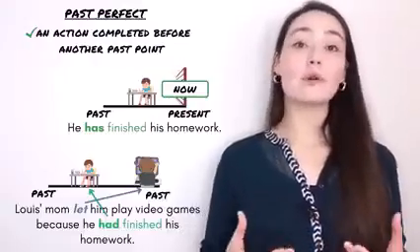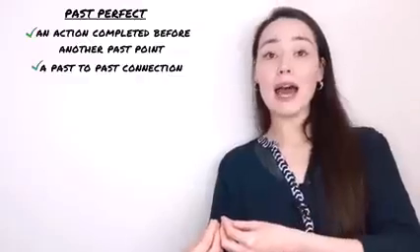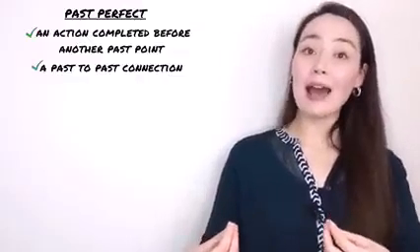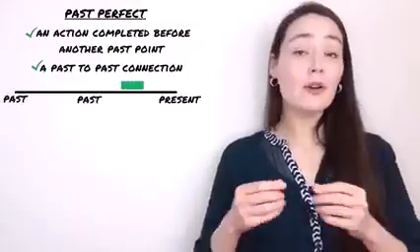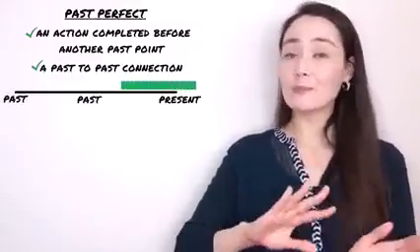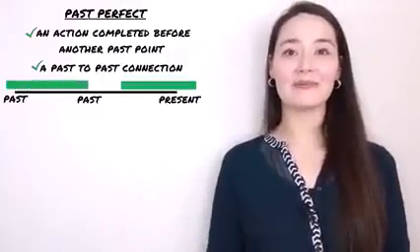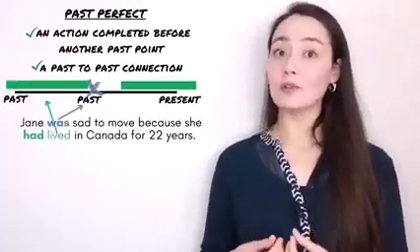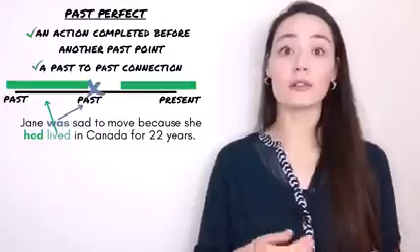And just like the present perfect, the past perfect can also show a past to past connection. The present perfect, remember, a past to present connection? Past perfect, let's move it back. Past to past connection. Jane was sad to move because she had lived in Canada for 22 years.